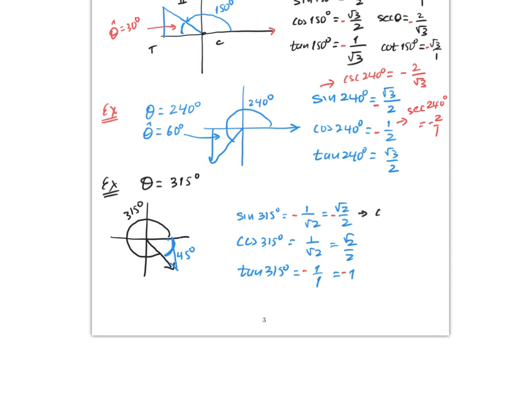That means that cosecant of 315 will be minus radical 2 over 1. Same thing for this one, but this is going to be positive, so that means secant of 315 will be radical 2 over 1. And finally, cotangent of 315 will be minus 1. And that's it.